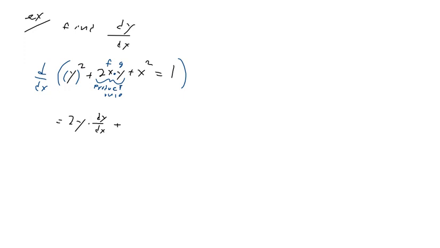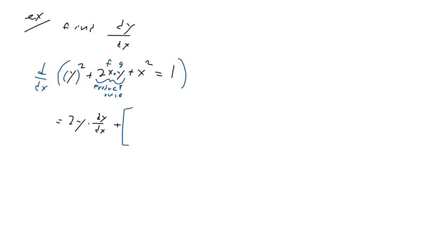I need to do a derivative of the x and a derivative of the y. There's two variables here, I've got to do each one. They're separate pieces. So I'm going to go with my product rule. My product rule was f g prime plus g f prime.